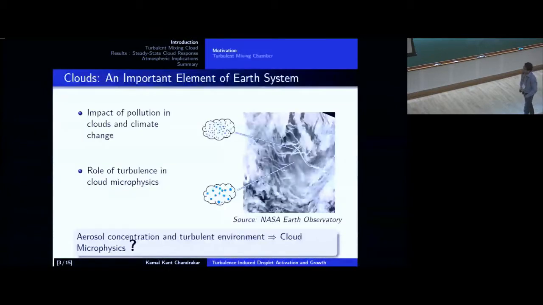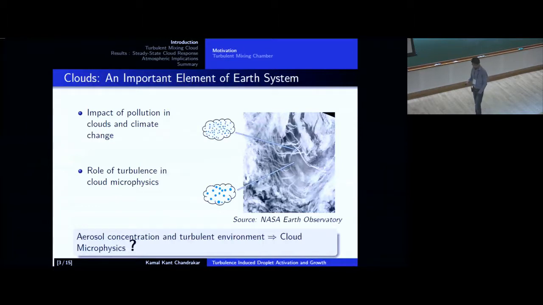So why are clouds important? Clouds, as we all know, are a major part of Earth's atmosphere. 30% of our atmosphere is covered by clouds. They govern the amount of solar radiation coming to our Earth, and are also one of the sources for our hydrological cycle.